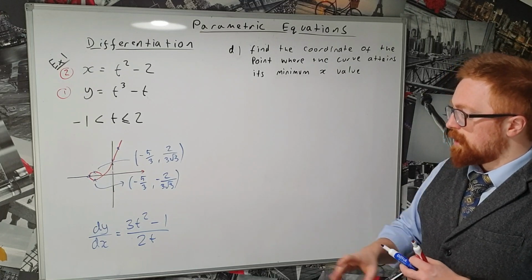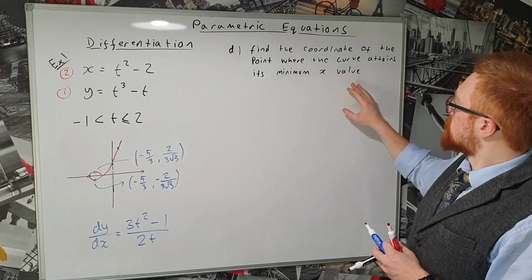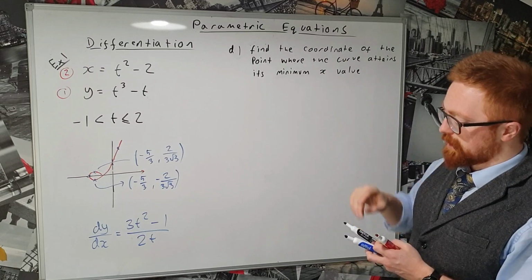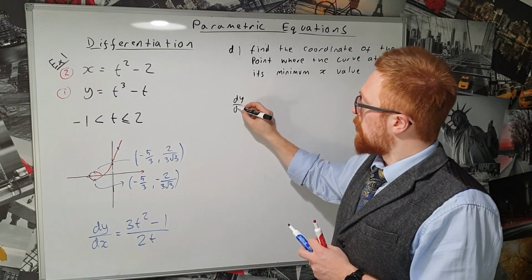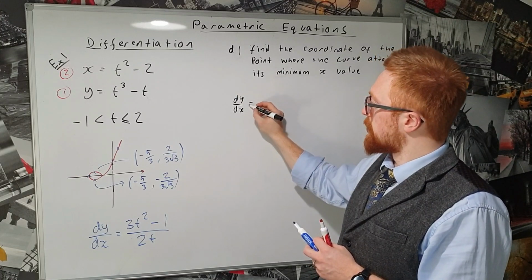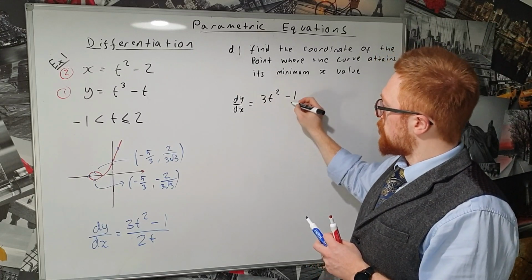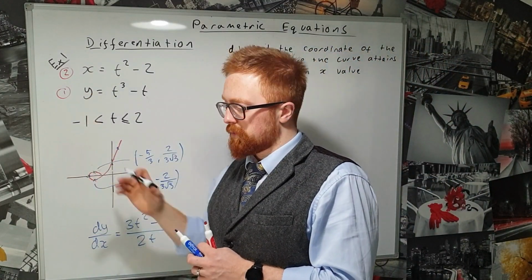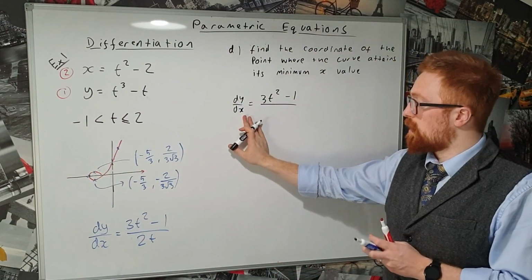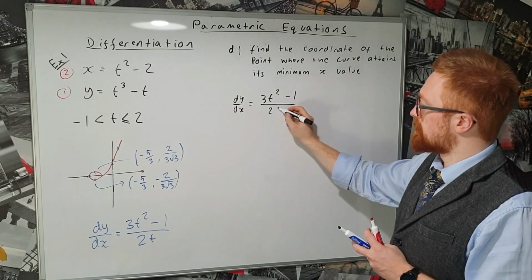So if we want the minimum x value, well, dy dx isn't much use to us here, because you'll notice that at this point the tangent is going to be vertical, which means it's not going to have a well-defined gradient dy dx.